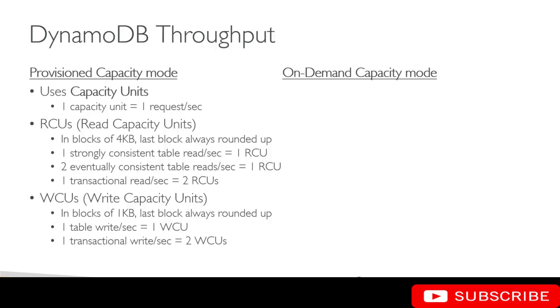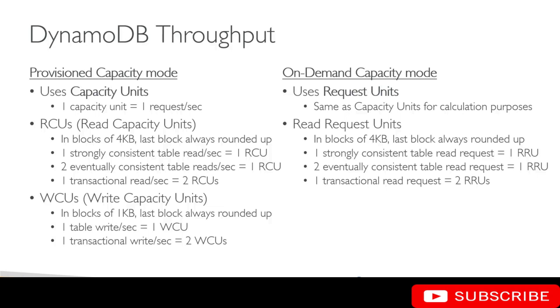Then in the on-demand mode, we use request units instead of capacity units, but they are the same for calculation purposes. So capacity units and request units work in a similar fashion for calculation purposes. Read request units, or RRUs, are also calculated in blocks of 4 KB, with the last block being rounded up.